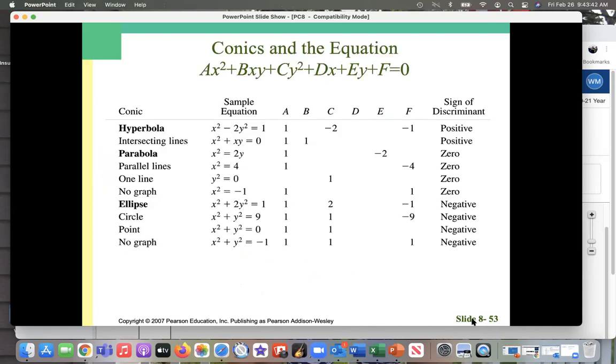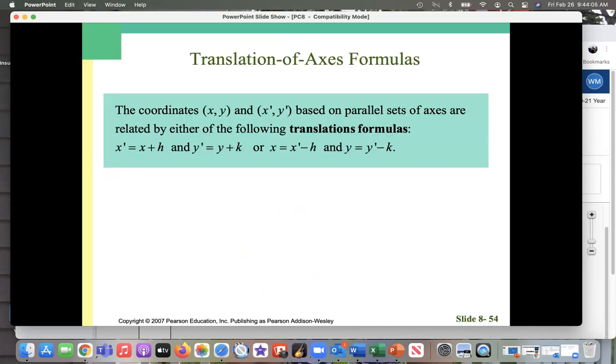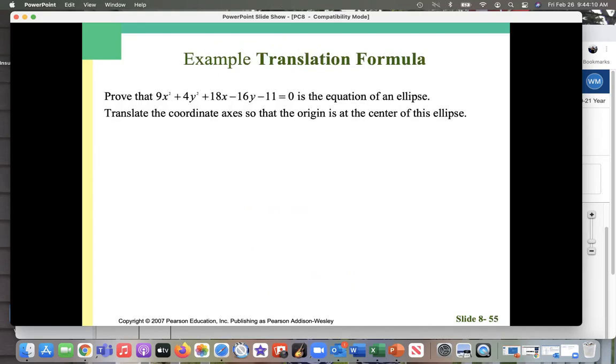So these are some examples of some different figures. The discriminant gives you the values of A, B, C, and D. These are some really simple equations compared to what we saw in that last one. All right. Now, I want to move ahead to this.